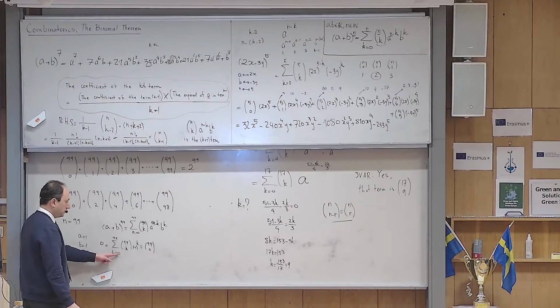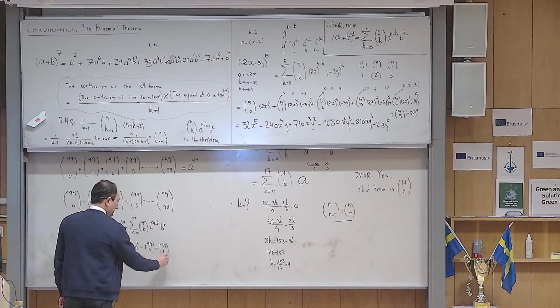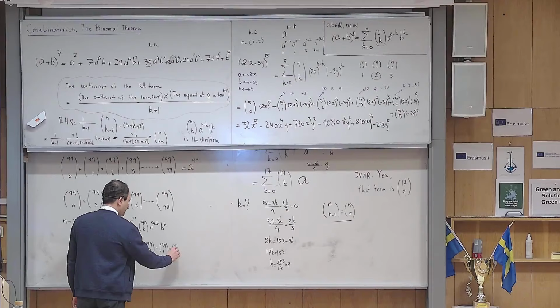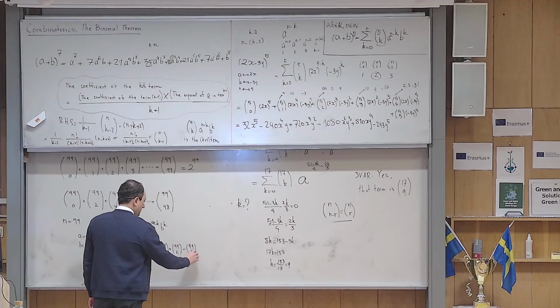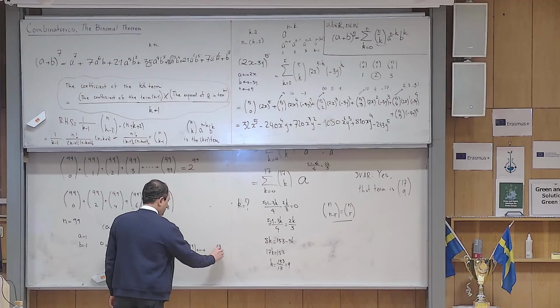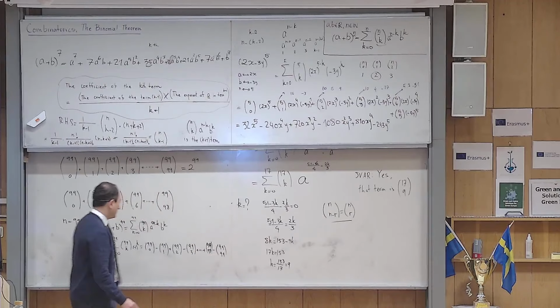Then I put 1, it becomes negative 1, so it becomes minus 99 choose 1. And the next one becomes 99 choose 2. And the next one becomes 99 choose 3. You can continue until I put 99, it gives me the last term with negative sign. But the previous one is with the positive sign, 99 choose 98.